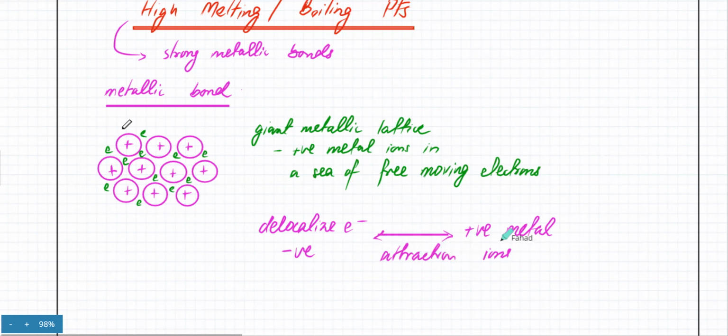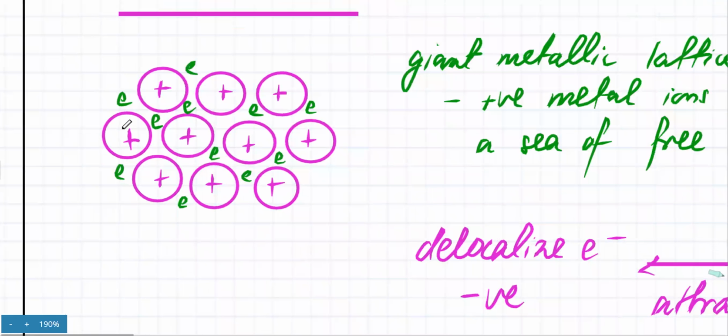So if I increase the size, what's basically happening is that the electron right in the center, for example, this electron over here, the one that I'm marking, is going to attract the positive ions from all sides. All these positive ions are going to get attracted to this single electron.